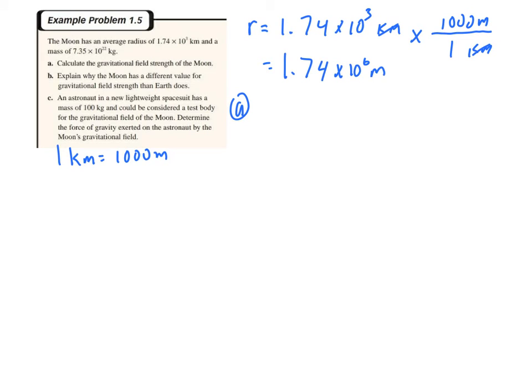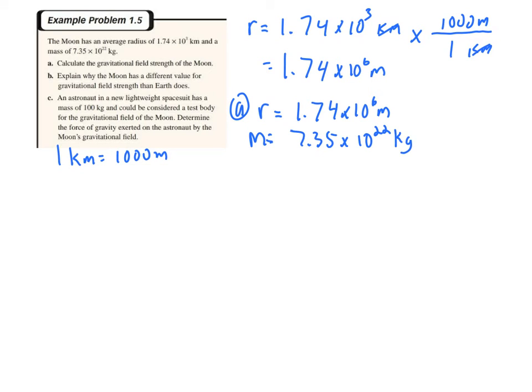So for A, we have our radius, which is equal to 1.74 times 10 to the 6 meters. By the way, I didn't even say what we're calculating here in A. We're calculating the gravitational field strength once again, but this time for the moon, not for the Earth. The mass of the moon is given to us in this question, and it is equal to 7.35 times 10 to the 22 kilograms.